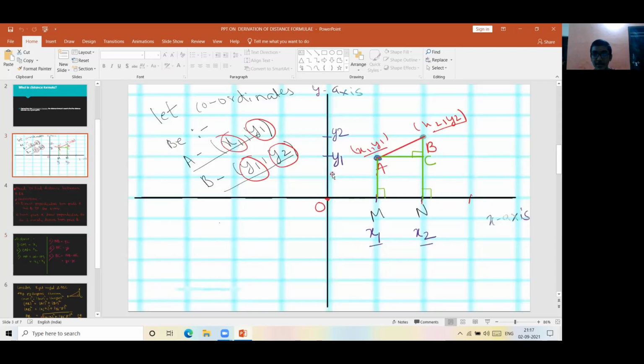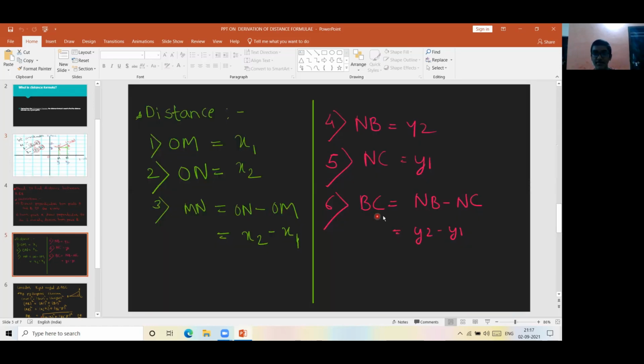Now BC is a part of the big line BN, so BC is equal to BN minus CN, that is NB minus NC. Substituting, we get BC equal to y2 minus y1.